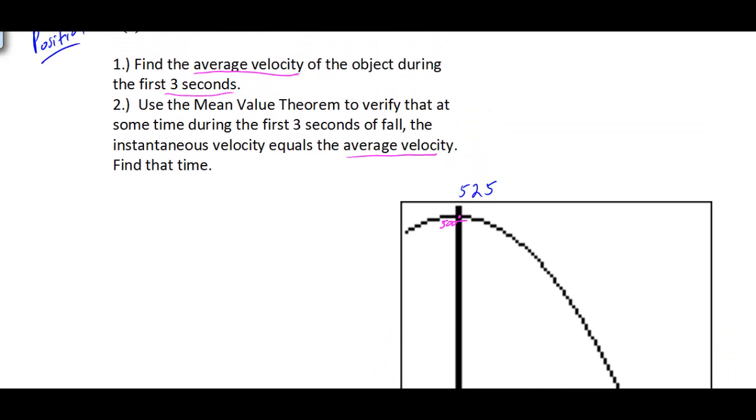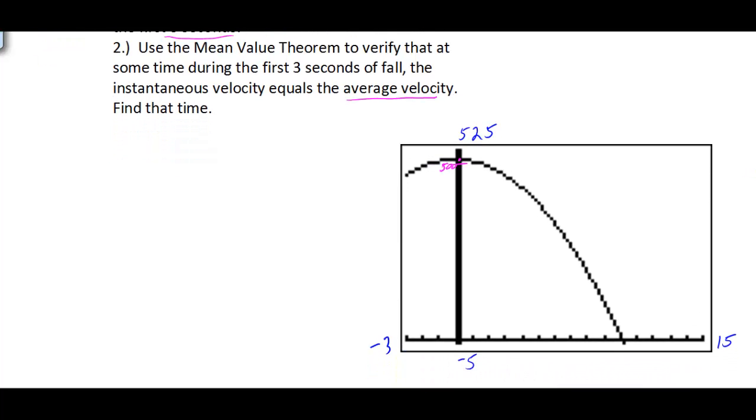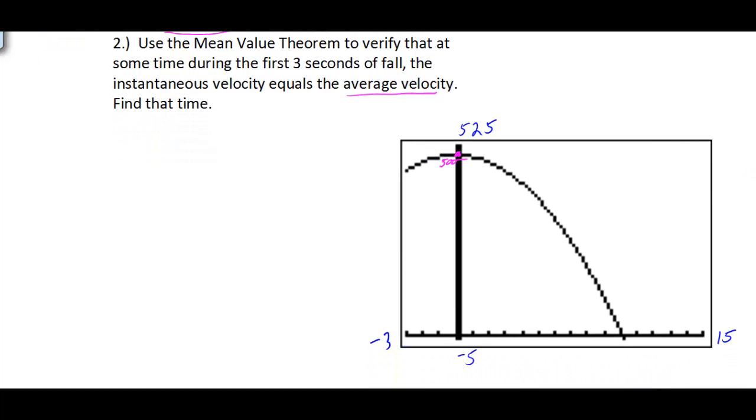and we want to find the average velocity of the object during the first 3 seconds. So here we start at our height of 500, and then if we count over 3 seconds, then we want to know what is the average velocity from here to here. So if I was to actually go through here and draw our line, we want to know what is this average velocity.